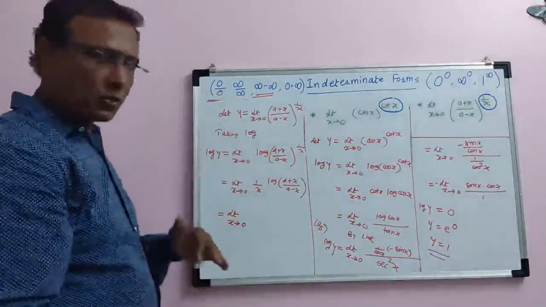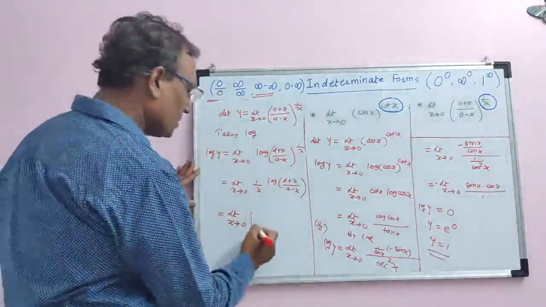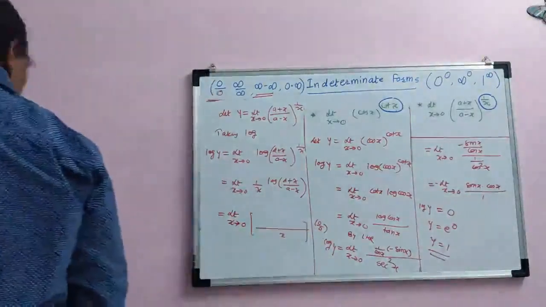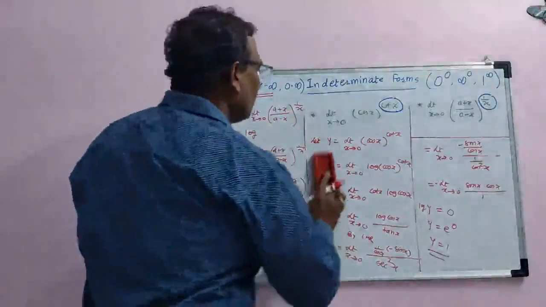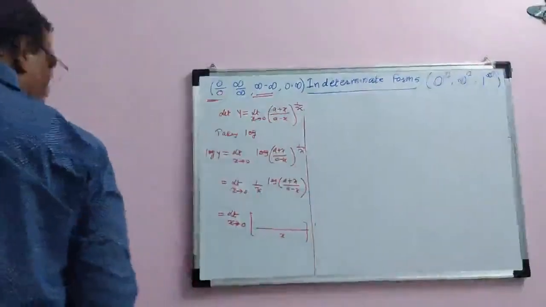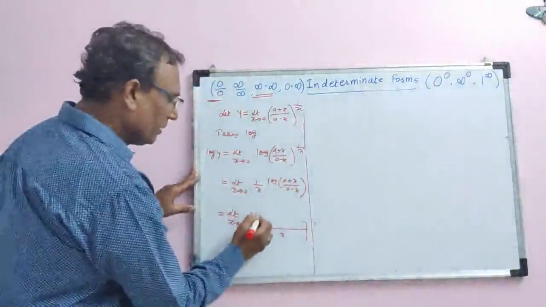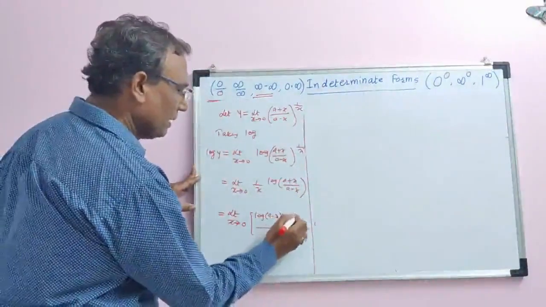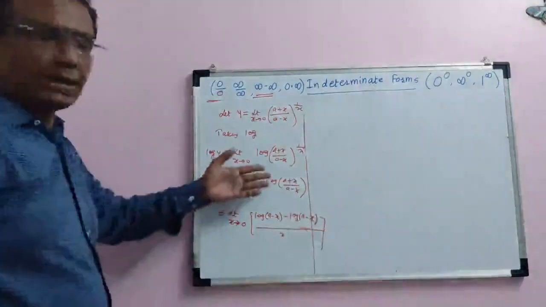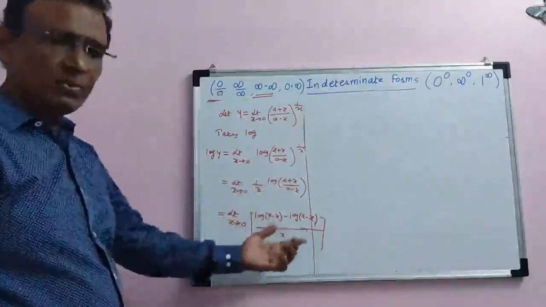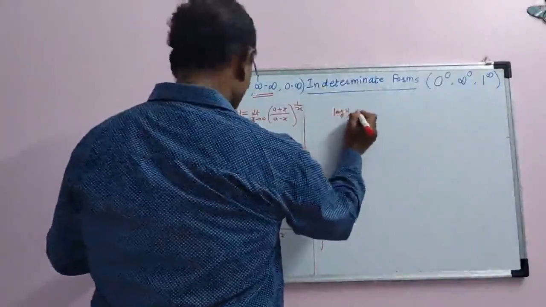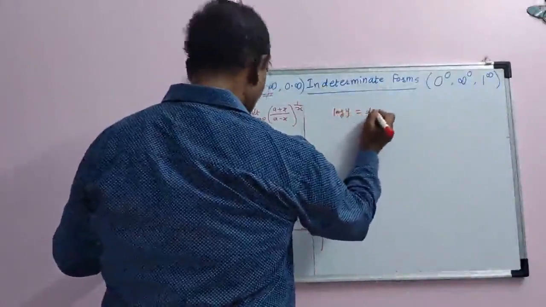So you can apply L'Hospital rule, or I am going to add one more step, because finally we have to take the derivative, no? So what I am going to do, log of numerator by denominator can be written as log of a plus x minus log of a minus x. Now, you can directly take the derivative also, but I have simplified it because our derivative will be a little bit simpler. Log of y equal to limit x tends to 0.